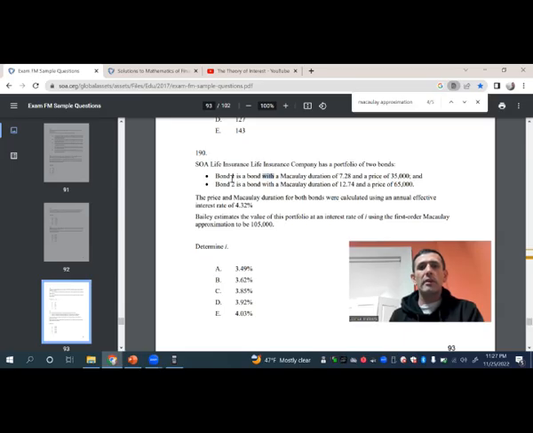These could be any annuities whatsoever. So just be aware of that. If you're given Macaulay duration, you don't need to do specific bond calculations to get Macaulay duration or modified duration. You just need to know the formula for the Macaulay duration of a portfolio.